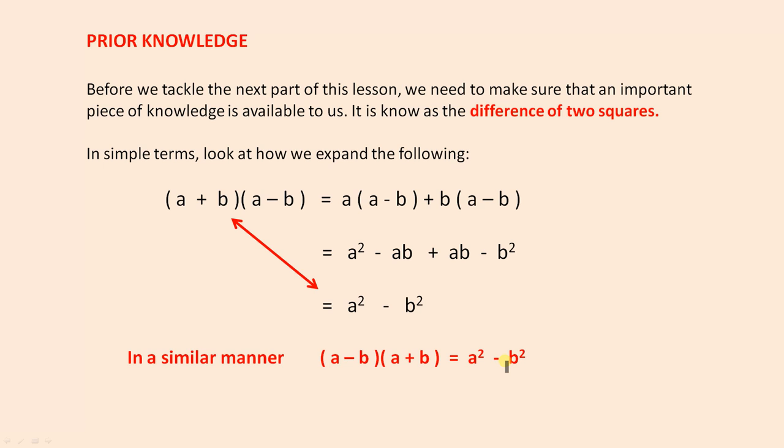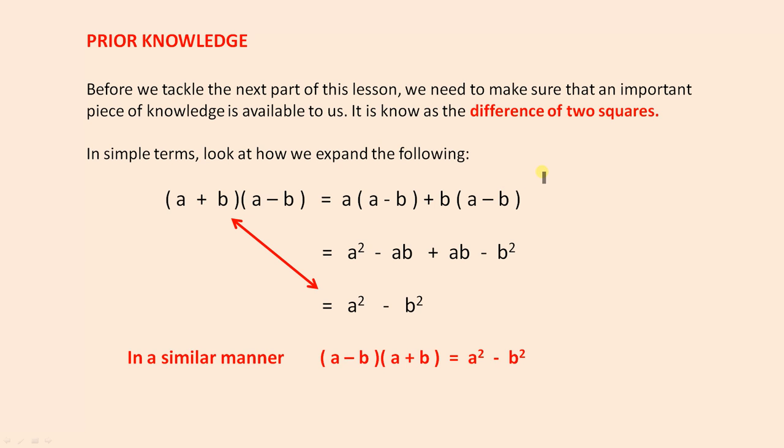Now some prior knowledge. This is very, very important for the work we're going to do. Before we tackle the next part of this lesson, we need to make sure that an important piece of knowledge is available to us. It is known as the difference of two squares.